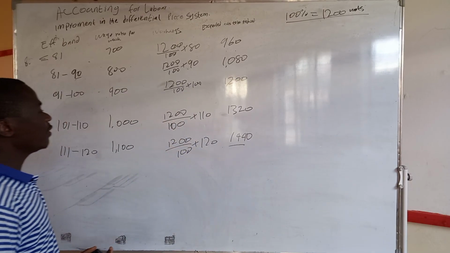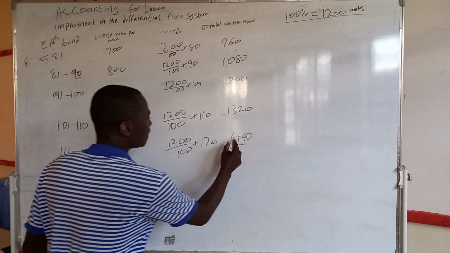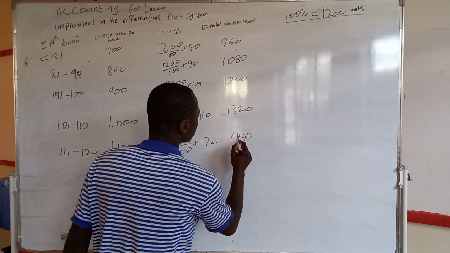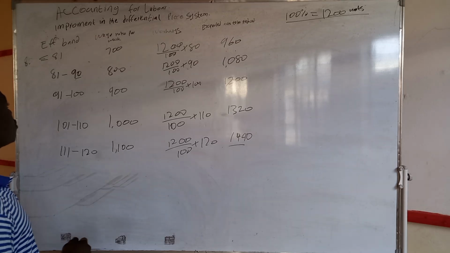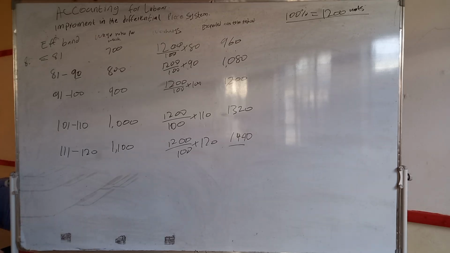Now at each band, this is the maximum production expected. So up to that point, I believe you have understood. Then we are going to the next stage.